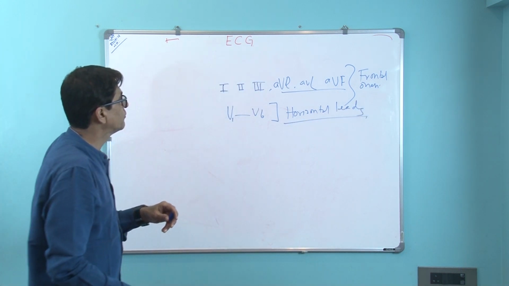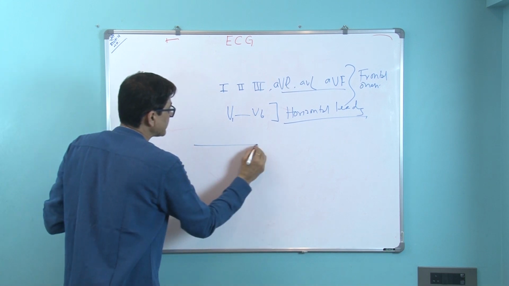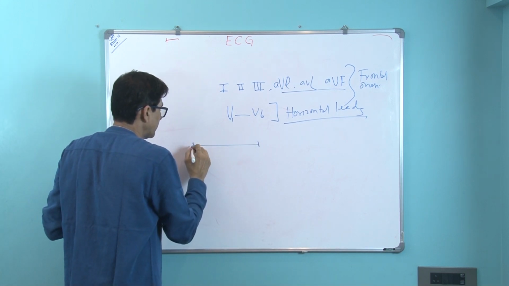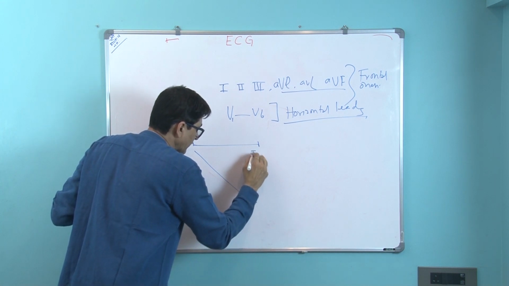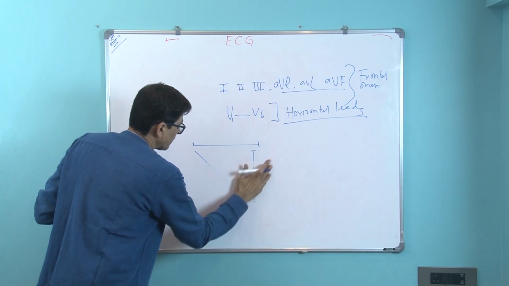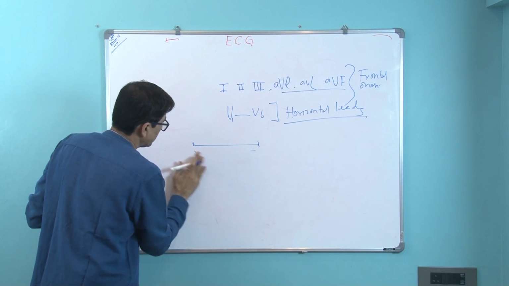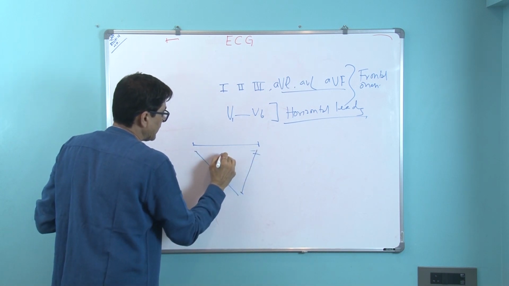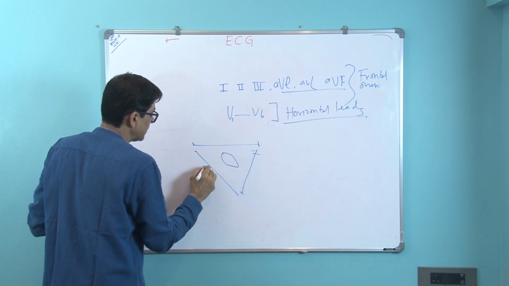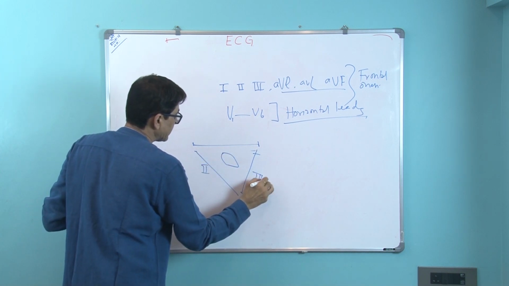One thing I want to tell you about lead 1, lead 2, lead 3: the heart is in the center, this is lead 2, this is 3, this is 1.